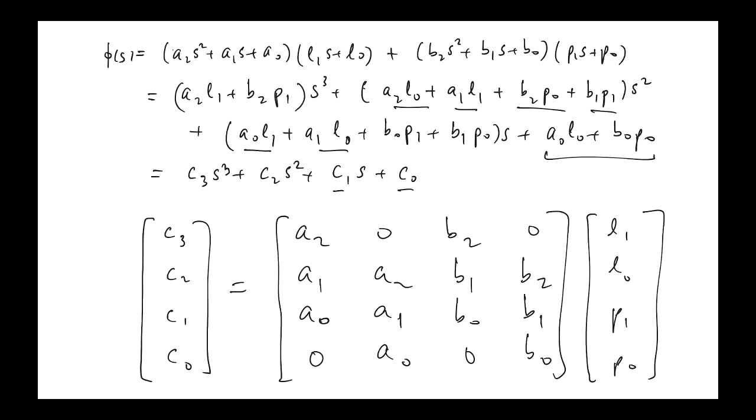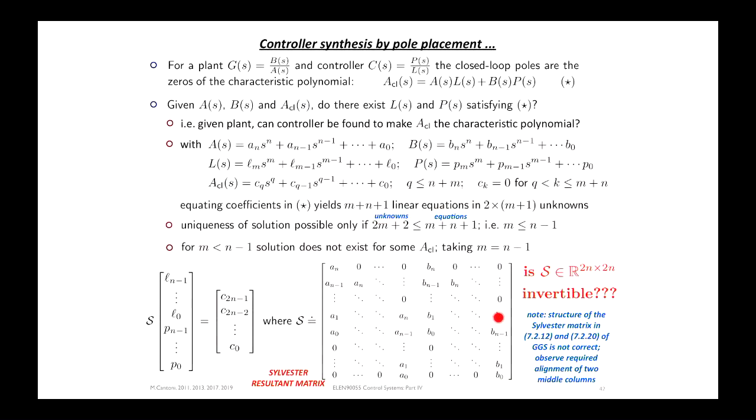Okay? So the question is, when is this so-called Sylvester matrix, which in general has this form here, when is it invertible? Well, it turns out that it's always invertible, right? So you can always solve this system of equations, provided your polynomials B and A are co-prime.